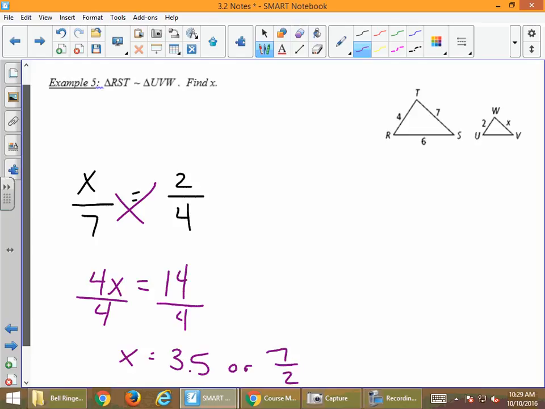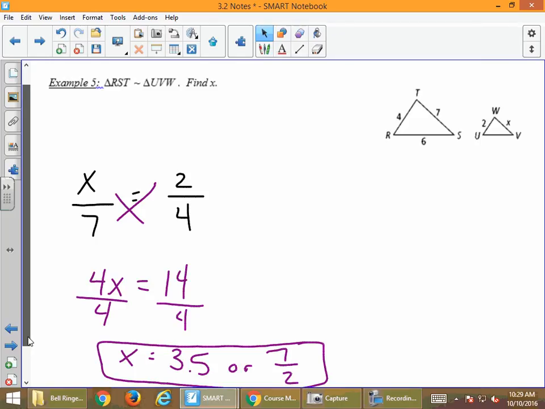It didn't specify, so either one's right. That side is 3.5. Yes. So you also want to do 7 times 2 divided by 4? 7 times 2. Yeah, that's what we did. We did 7 times 2, and then we divided it by 4.